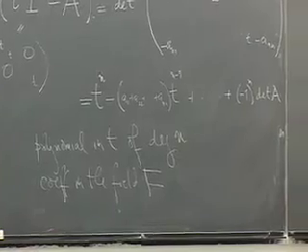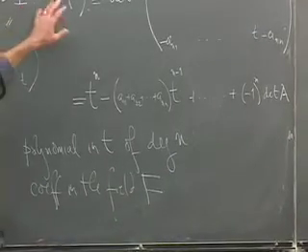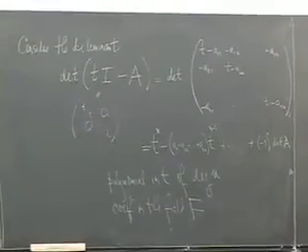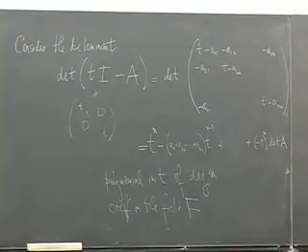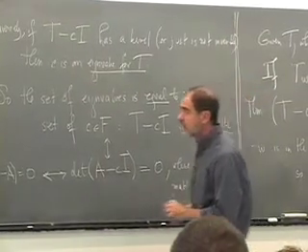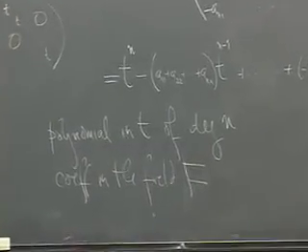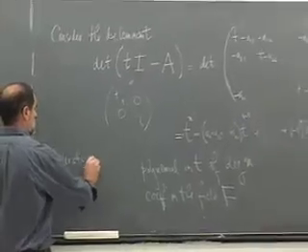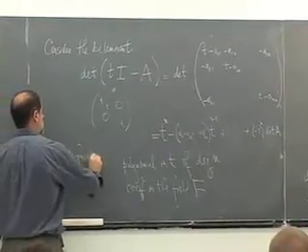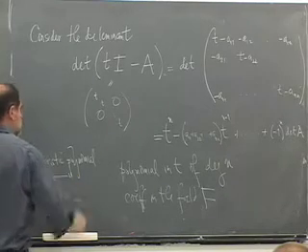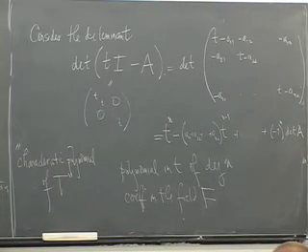Okay? And that we get by choosing any basis we wish for a vector space, calculating the matrix of T with respect to that basis, and calculating this polynomial. So this polynomial is called the characteristic polynomial of T. Now you may say to me, is the characteristic polynomial well defined?